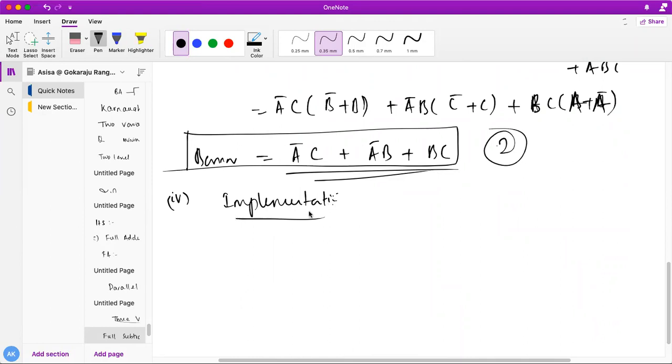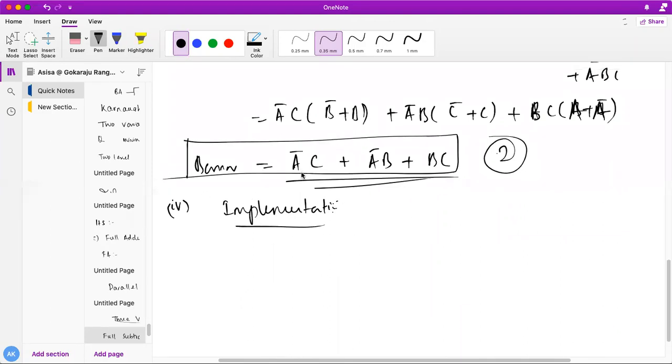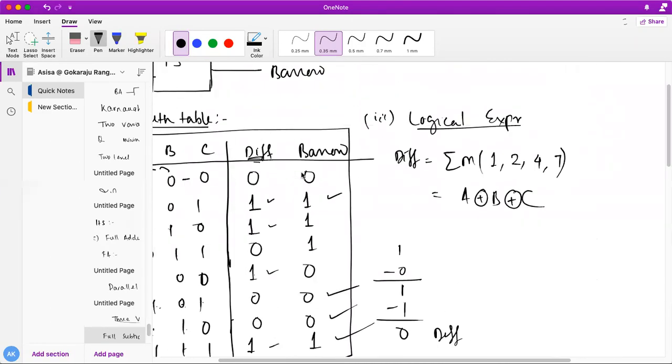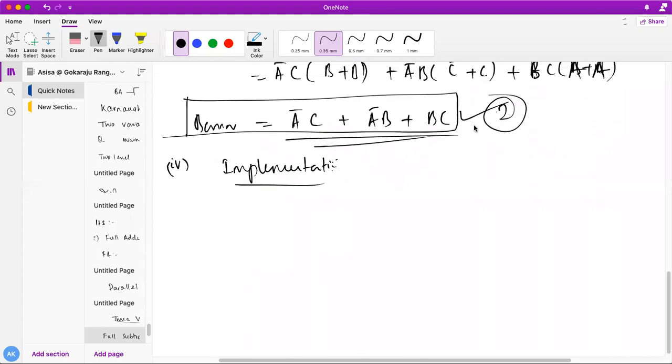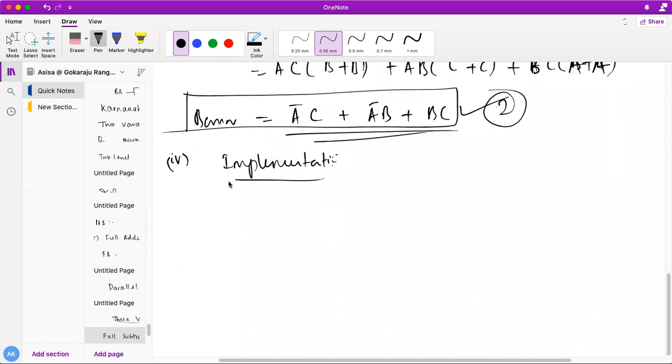So you can see I'm going to implement my a xor b xor c as my difference, and I'm going to implement this borrow actually. So see here what I'm going to do, very simple. This is my a. As we know that I require a bar for my borrow, so I have taken a bar.